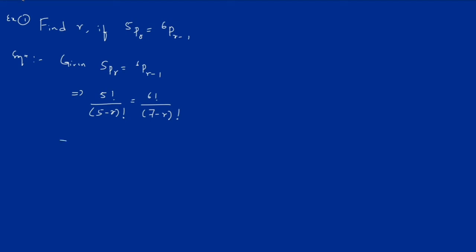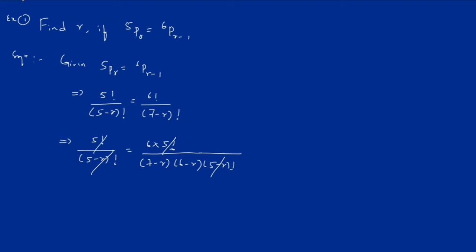So again, this can be written as 5 factorial, as it is in the denominator, (5 minus R) factorial, which is equal to 6 into 5 factorial divided by (7 minus R)(6 minus R)(5 minus R) factorial, right? So the (5 minus R) factorial and the 5 factorial from LHS and RHS get cancelled.